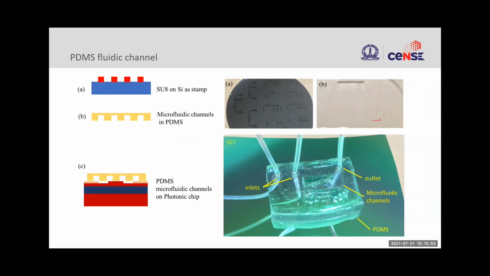This is all fluidic channels in PDMS. It's transparent. After you make these channels, we can cut them out and put them on top of the fabricated photonic IC, and then attach these fluidic inlets and outlets and seal it with epoxy.